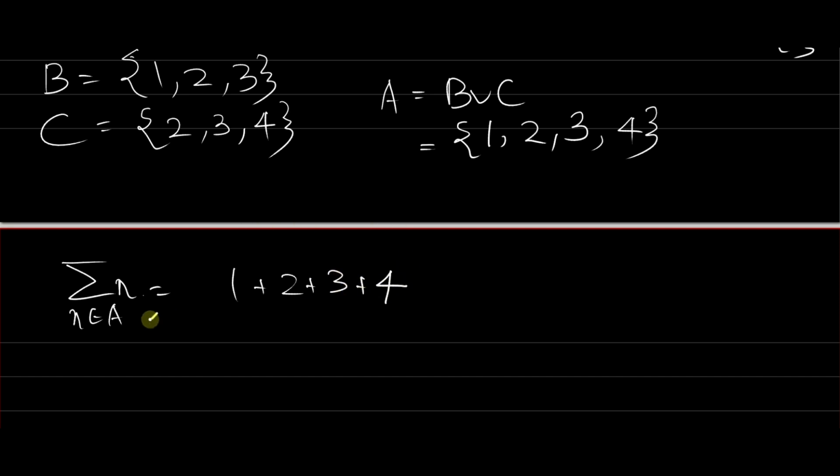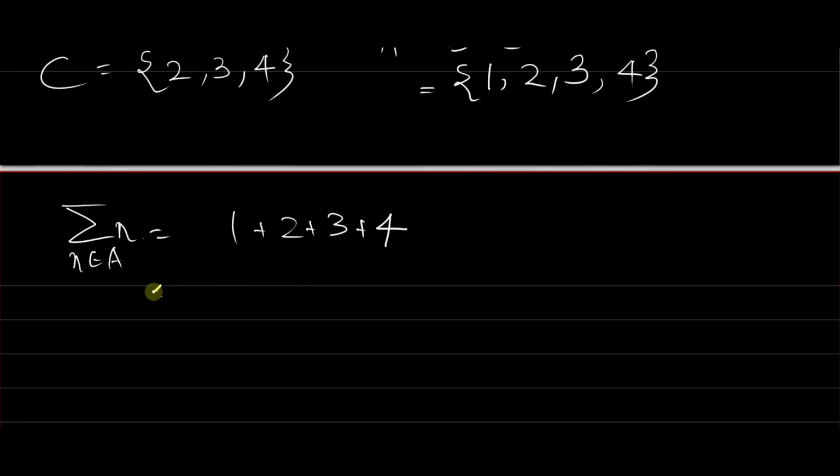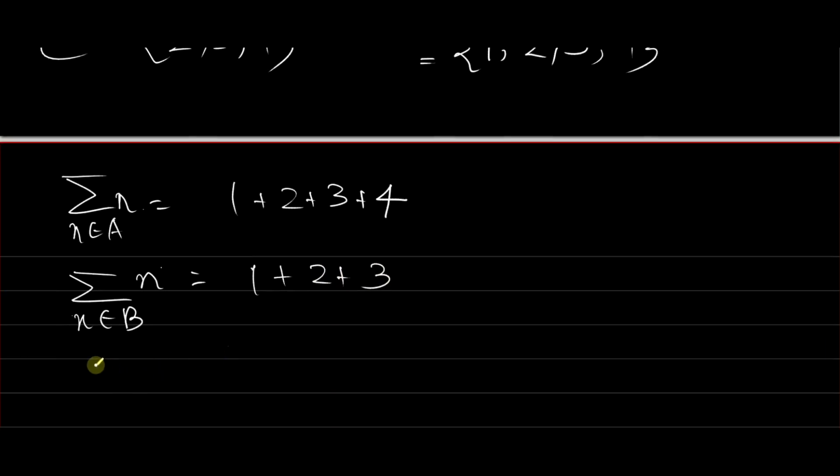And if we try to add all the elements of B and C as well, let's try another way. I will just take the same variable because it's not an equation right now. We get 1 plus 2 plus 3, and the same for C, belonging to C, and we get 2 plus 3 plus 4. Now notice it right here.